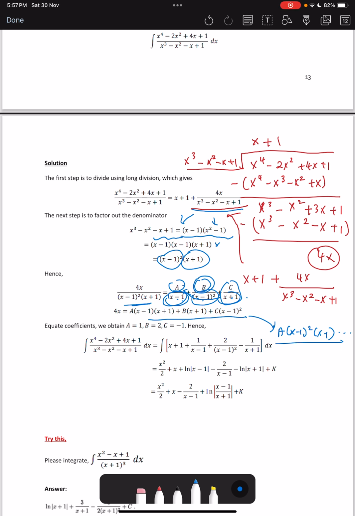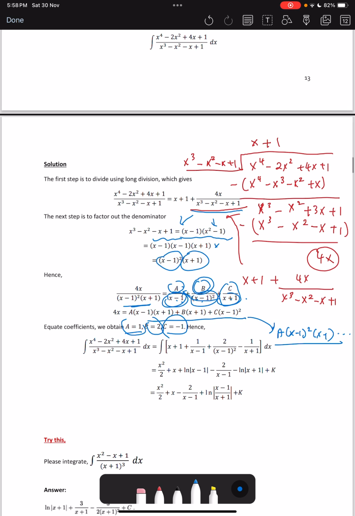Alright, and then when you solve it, you will get the x plus 1 at the bottom part and at the top part as well, and then you can remove it, and then you can make left and right become the same, and you will obtain that a is equivalent to 1, b is equivalent to 2, c is equivalent to negative 1.